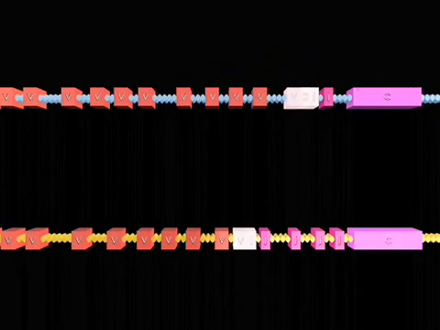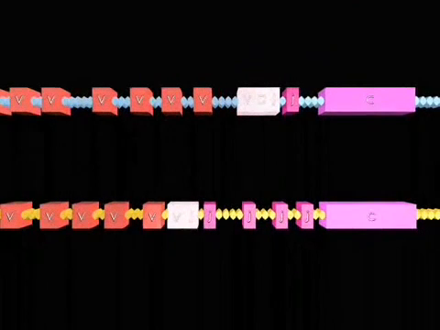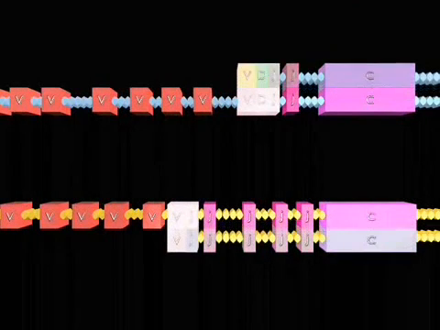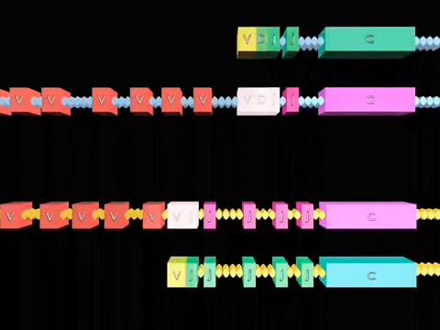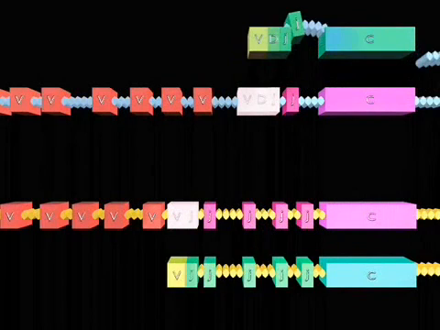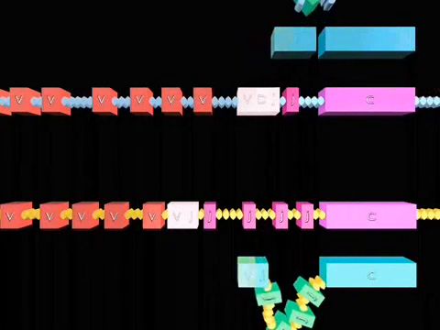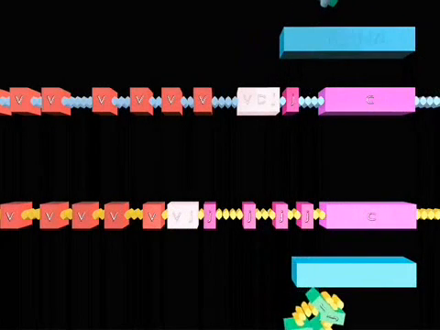The recombined genes, together with the genes for the C domain and the intervening introns, are transcribed into RNA. This RNA is then processed to make messenger RNA for the alpha and beta chains.